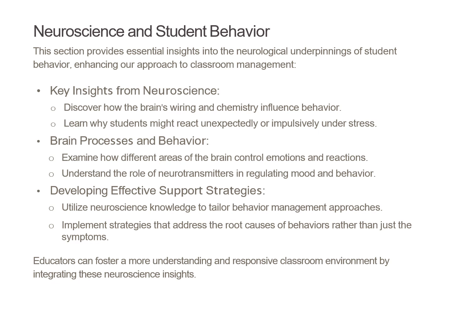Understanding this can explain why students sometimes respond suddenly or seemingly impulsively, especially under stress. We'll also examine how various brain regions contribute to emotional responses and behavior. This insight is crucial as it helps us to see the direct link between neurological activity and how students feel and act in the classroom.